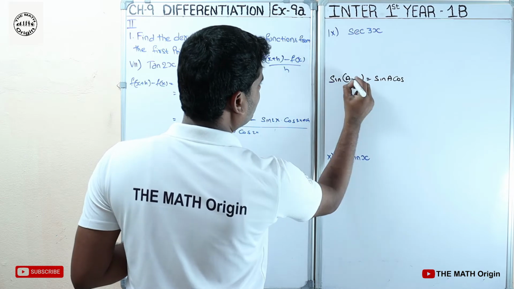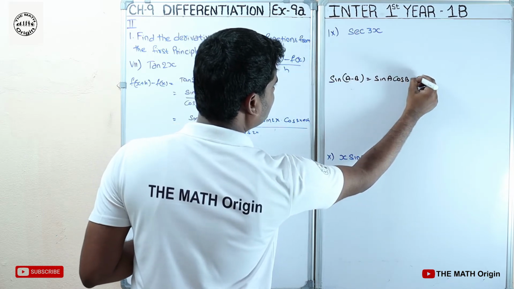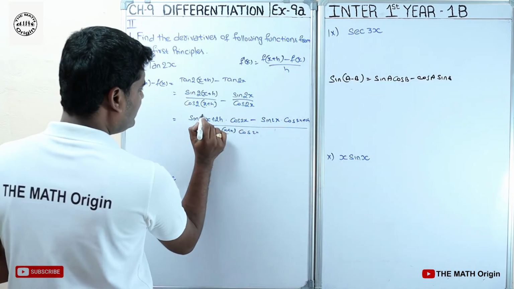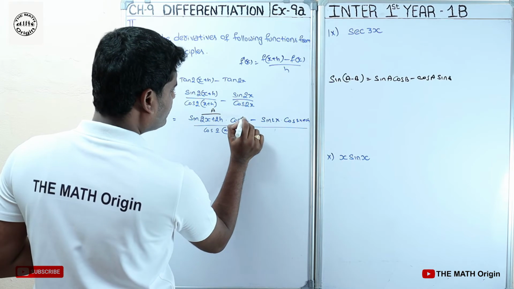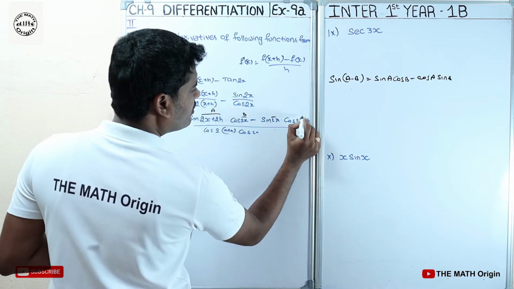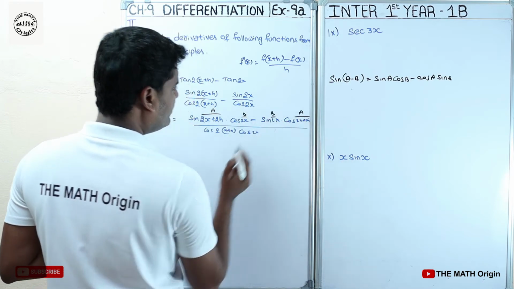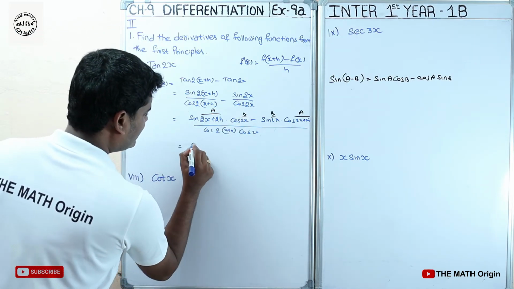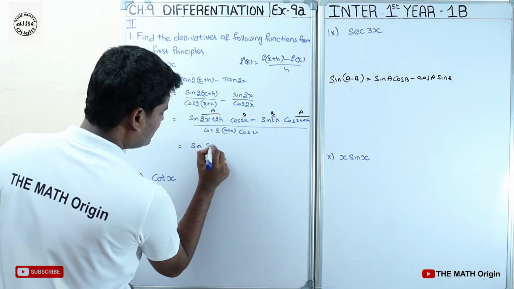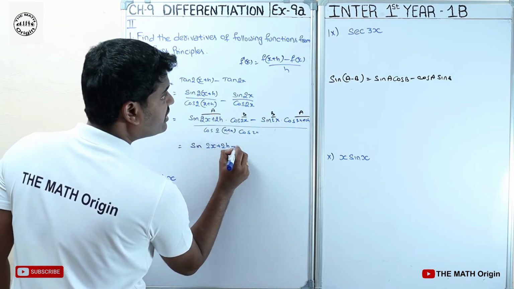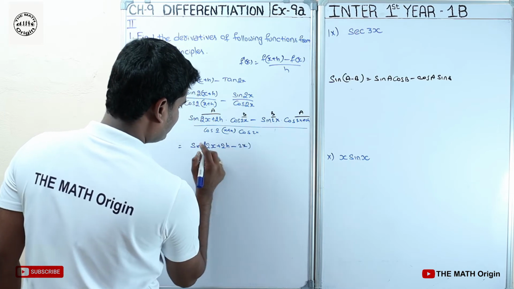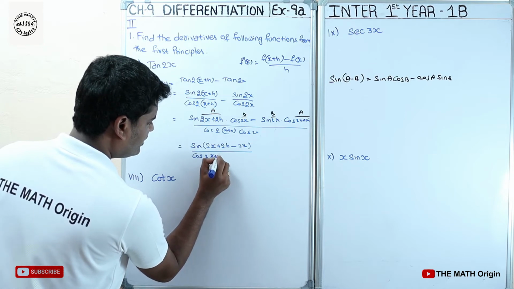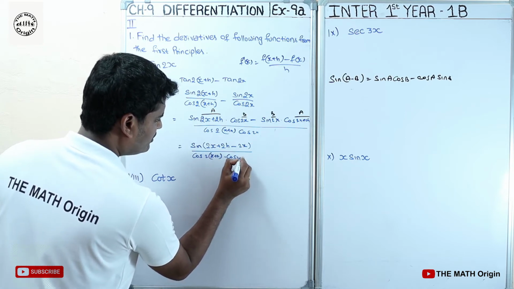Sin of a minus b is equal to sin a cos b minus cos a sin b. If you see here, this is sin a and cos b, and here we have cos a and sin b. Therefore, I can write it as sin of a minus b, where a is 2x plus 2h and b is 2x, whole divided by the same value, cos 2 of x plus h into cos 2x.